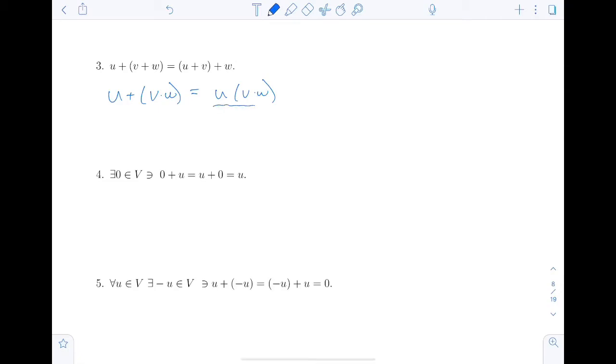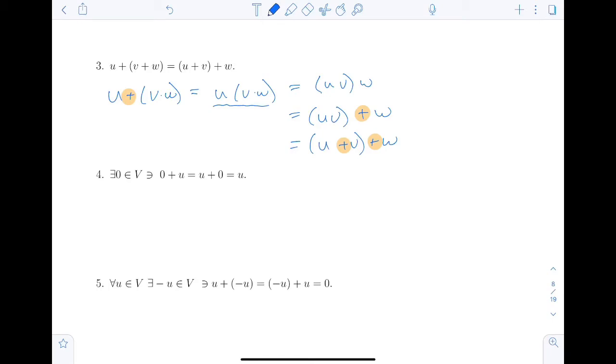Now we're landing in the land of real numbers, so that's the same thing as uv times w, which is uv plus w, which is u plus v plus w. Again, maybe I'll highlight the weird pluses. Those are all weird pluses. Cool.